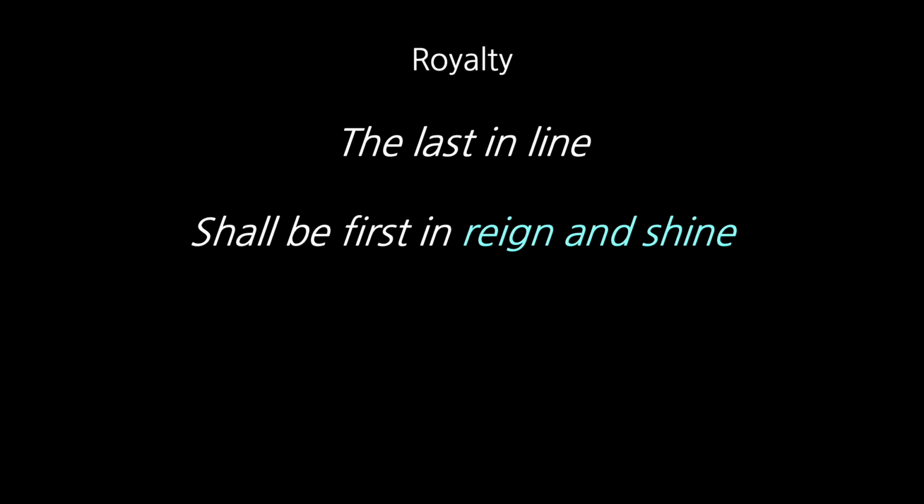Reign is the pun, because it should really be spelled R-A-I-N if we were typically saying this. But reign is connected to the title. And finally, the last in line shall be first in reign and shine is designed to make the reader think, what could this poem be about?